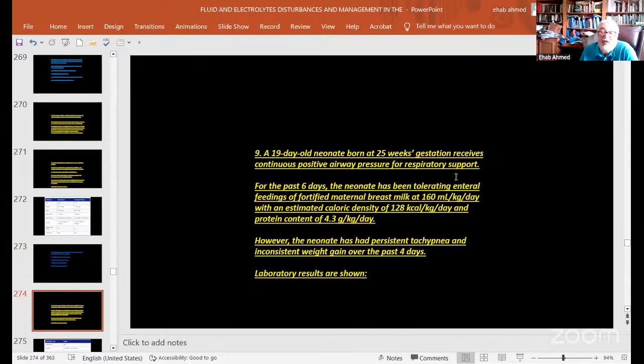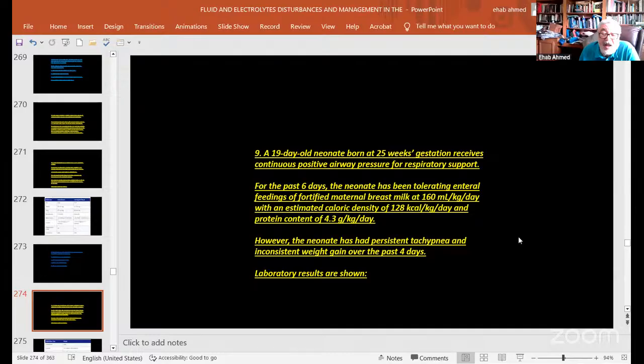A 19-day-old neonate born at 25 weeks gestation receives CPAP for RDS. For the first 6 days after birth, the infant has been tolerating enteral feedings: maternal breast milk 160 cc per kg, caloric density 128, protein content 4.3.